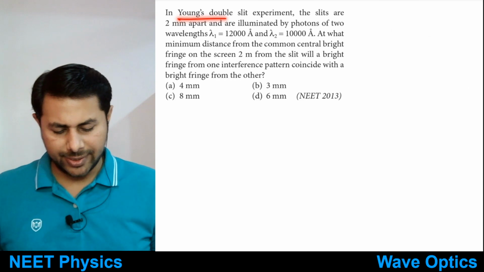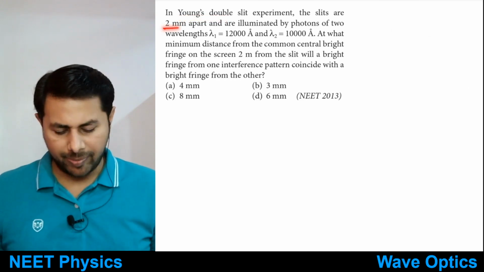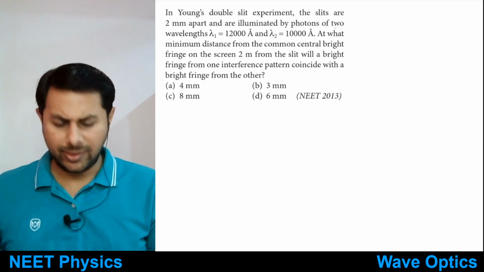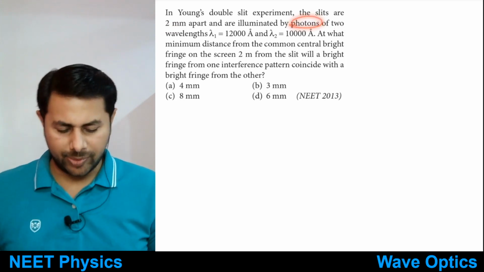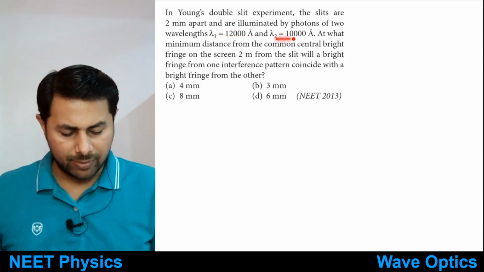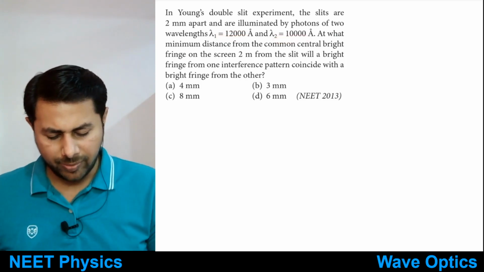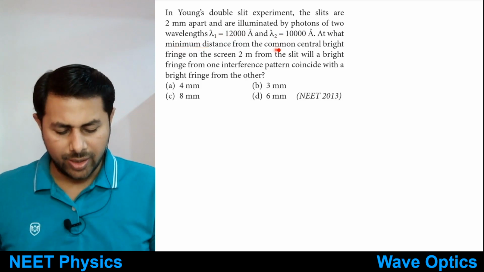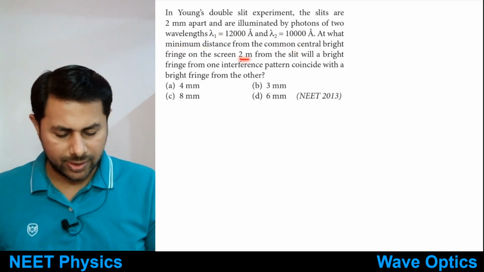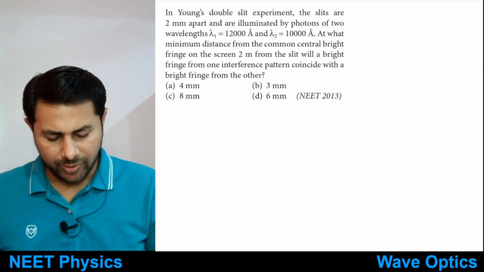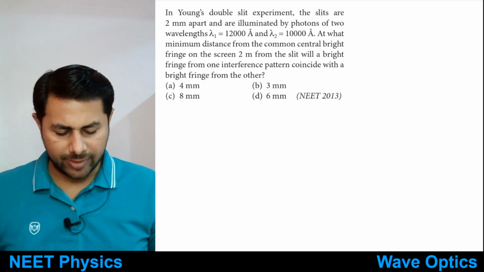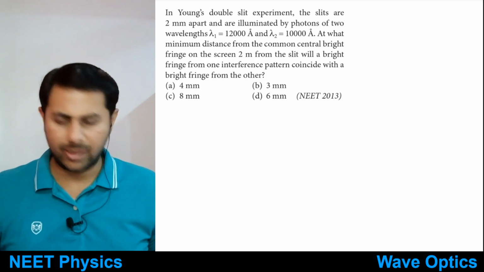In Young's double slit experiment, the slits are 2 mm apart and are illuminated by light of two different wavelengths. Lambda 1 is equal to 12,000 angstrom unit, lambda 2 is 10,000 angstrom unit. At what minimum distance from the common central bright fringe on the screen 2 meter from the slits will a bright fringe from one interference pattern coincide with a bright fringe from the other?